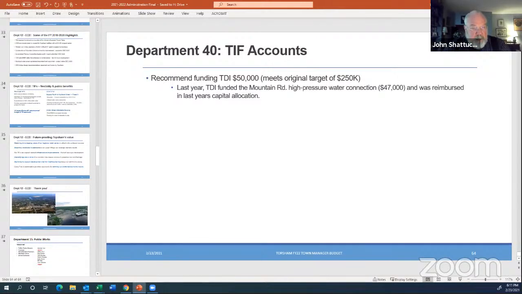The conclusion the TDI board came to, and which I support, was that, despite the generous additional capital funding from the town over the last 2-3 years, with a total available balance of about $300,000, taking a significant amount, something in the order of 50 to 100,000 or even 150,000, would be necessary to have any meaningful impact, and would in fact not be a meaningful impact.